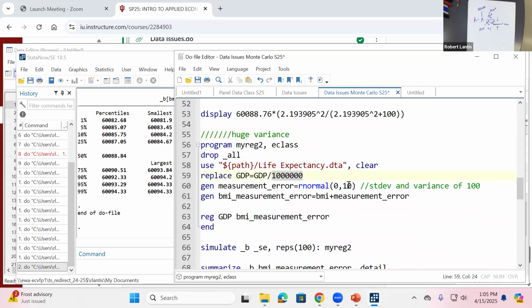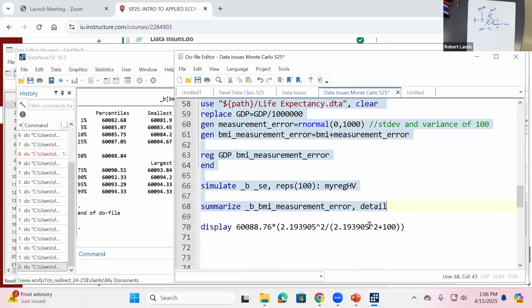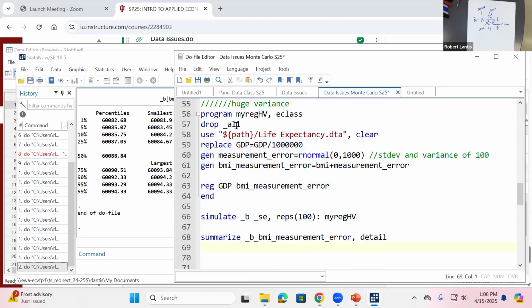So now I'm going to do the same thing, but let's even do like 1,000 here, right? So I'm going to call this new program myreg HV for high variance. Now, if I run this, I guess I didn't need this line to be copied.